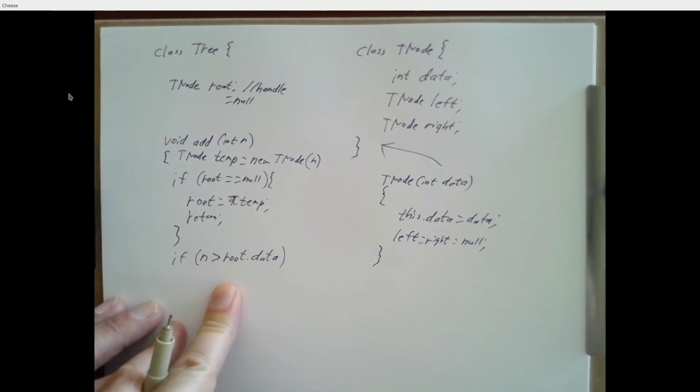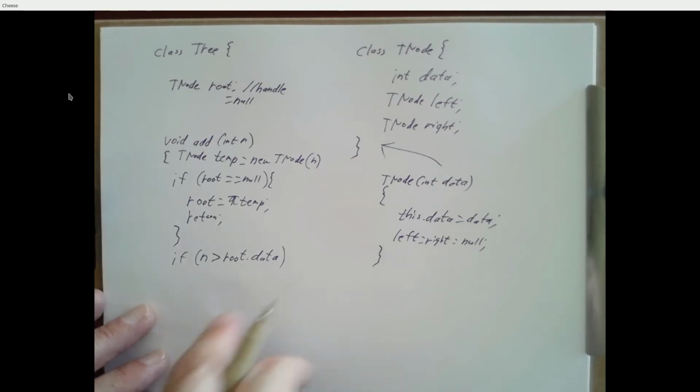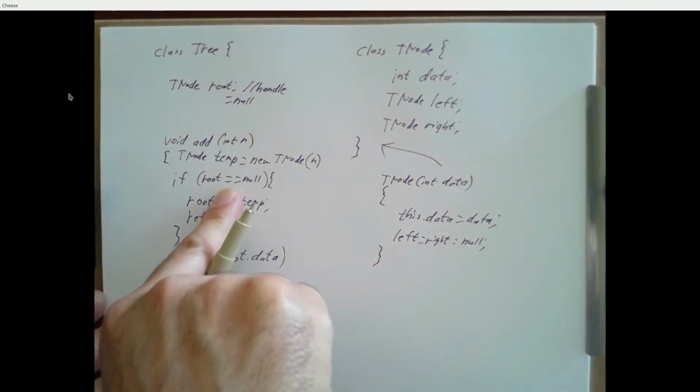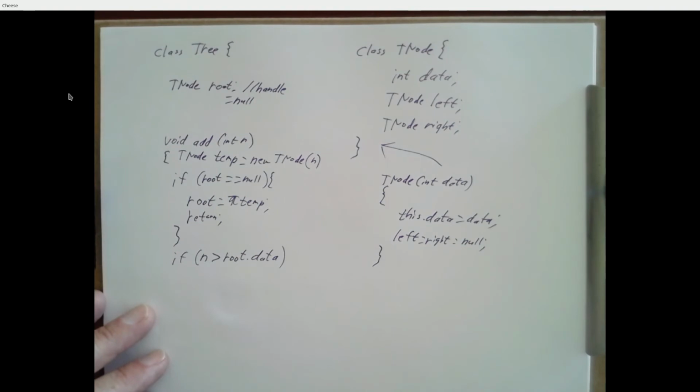If we're using the constructor to set the data field, then we should never have null in there. So the only thing that could cause an exception here is if root is null, and you're checking that up here. So this should be fine.